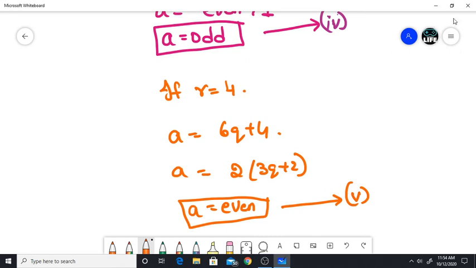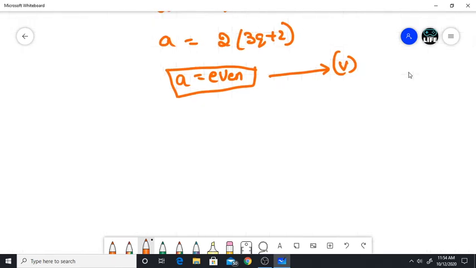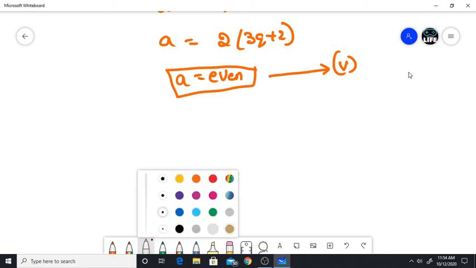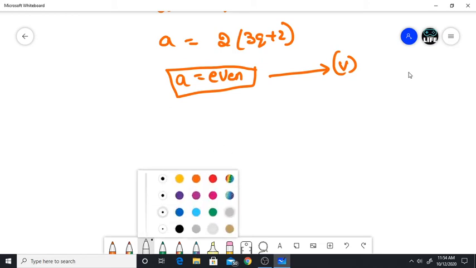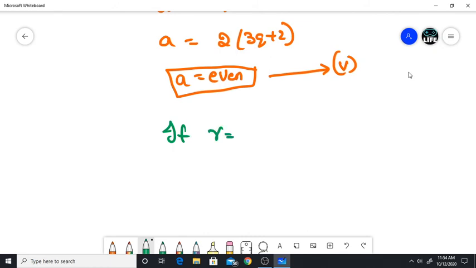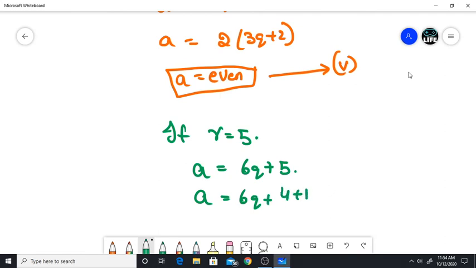Now let's check if r equals 5. This sum is very simple. If r equals 5, a equals 6q plus 5, and 5 can be written as 4 plus 1.